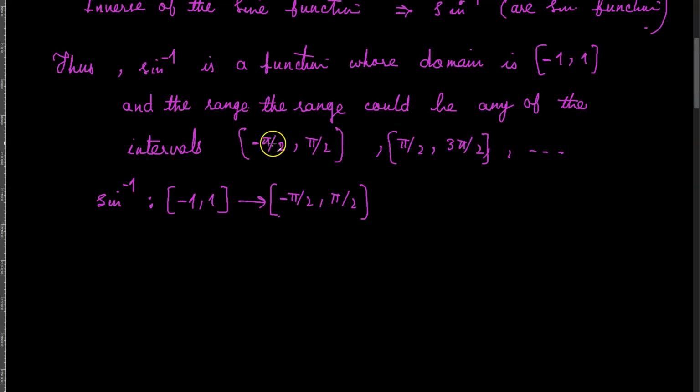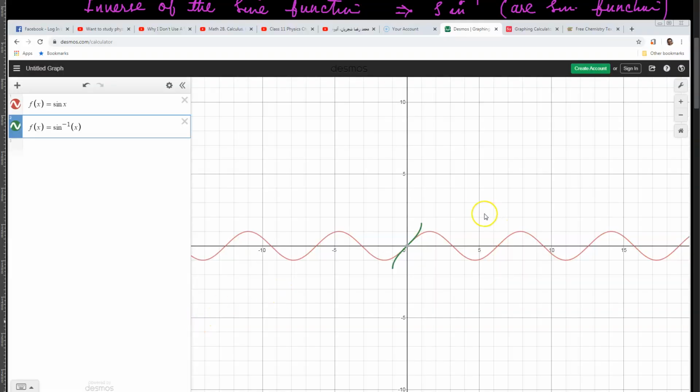You can take it as negative π/2 to π/2, or as 3π/2 to 5π/2. You can pick this one as well, or you can go from 5π/2 all the way up to 7π/2. You can even go from 5π/2 to 3π. All of those things you can of course do.